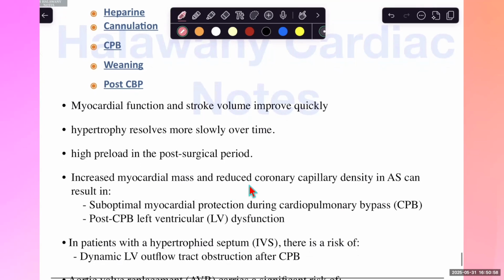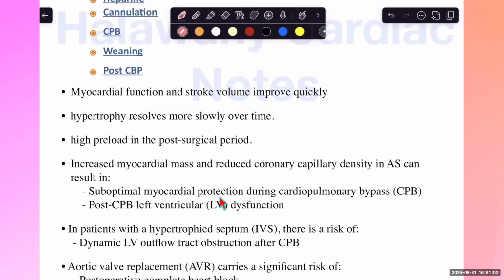Increased myocardial mass and reduced coronary flow, as we said, might lead to suboptimal myocardial protection during cardioplegia. So make sure the patient received a good dose of cardioplegia, and it's better to give it through the root and also retrograde, because this patient has a huge myocardium.